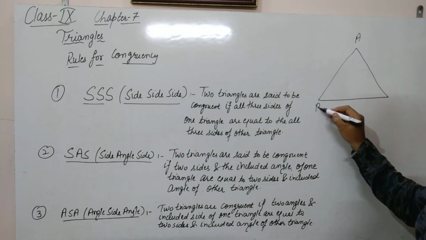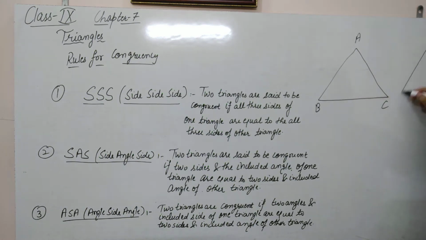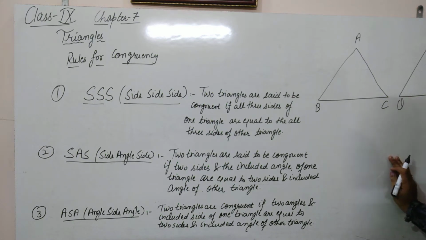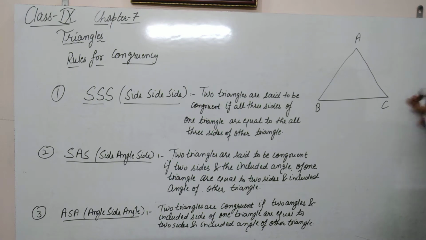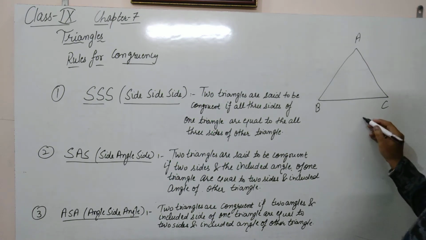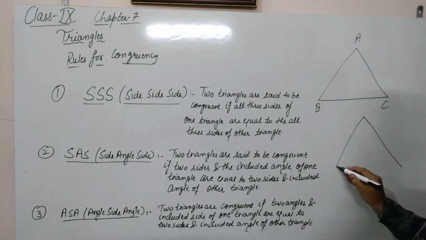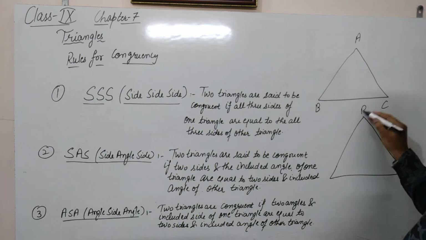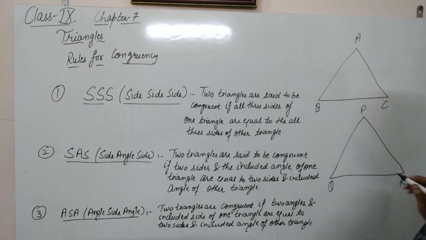For example, triangle ABC, and this is triangle PQR. Clear everyone? So these are two triangles here.